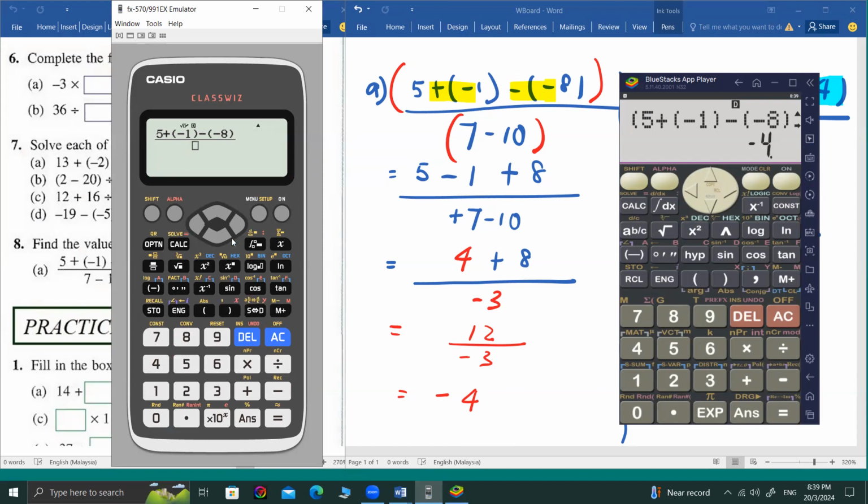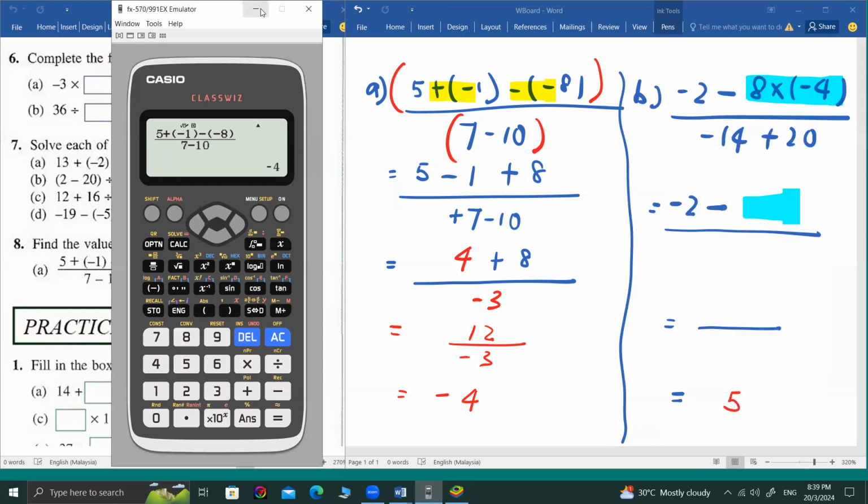Then you go down there, 7 minus 10, move your cursor here, and you get -4. If you are using this MS1 calculator, you must put the big bracket on top and also brackets below. Got it, all of you? Can you understand? Okay.